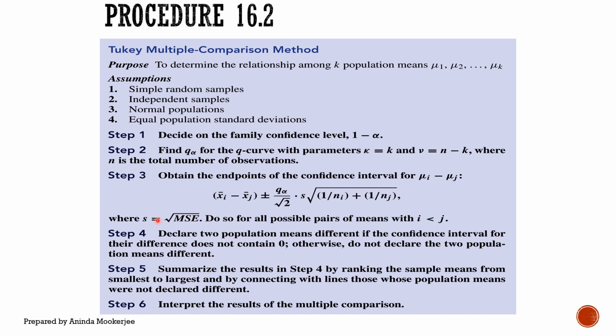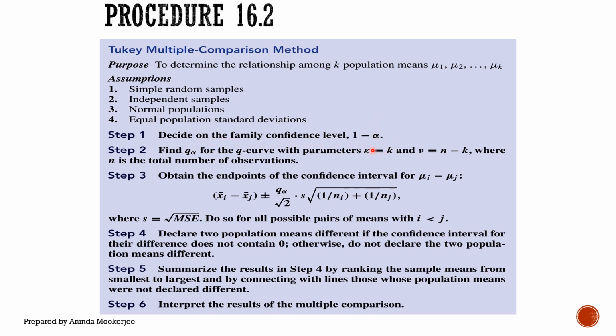Here's an outline of the comparison method, and it's called the Tukey multiple comparison method, right? And it's about finding confidence intervals, but we are taking two means at a time to find the confidence interval. So it'll be quite a few confidence intervals that we will have to calculate. So we have our assumptions, which are similar to what was in the case of hypothesis tests. Step one is to decide on the family confidence level, 1 minus alpha.